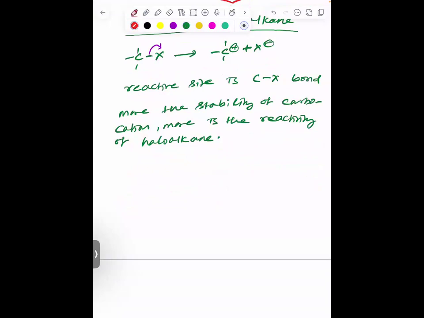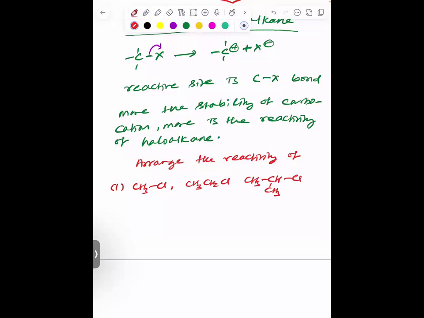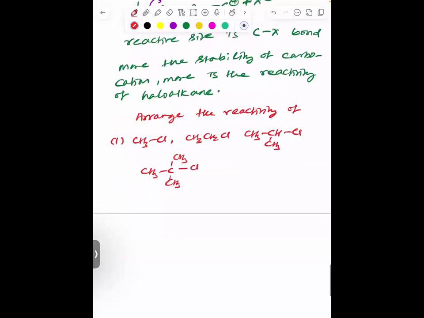Now write some questions. Arrange the reactivity of the following. Can I write down the question?